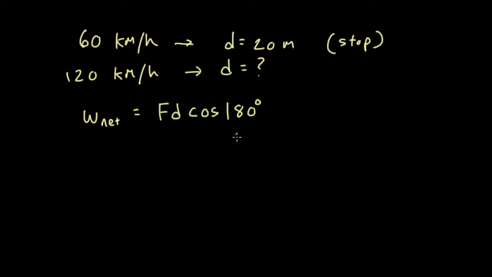Okay, why is it 180 degrees? Well, if you think about the car traveling here, as it's traveling along on the road, its motion is like this, but the force is in the opposite direction. This is the braking force.